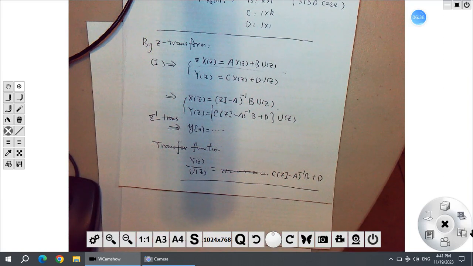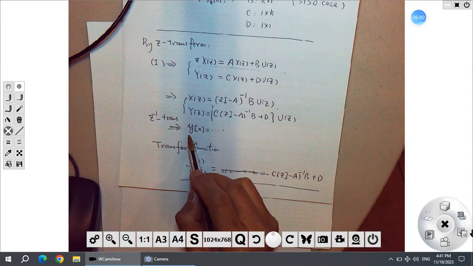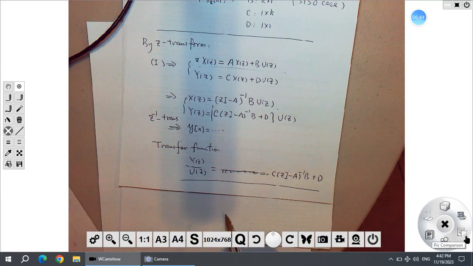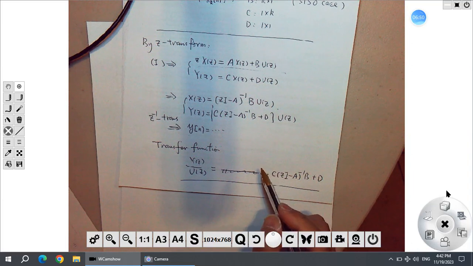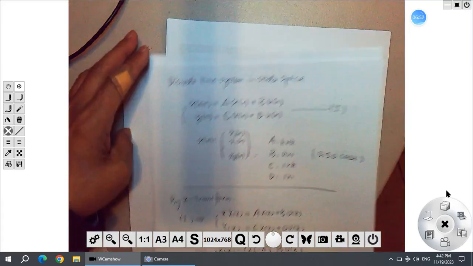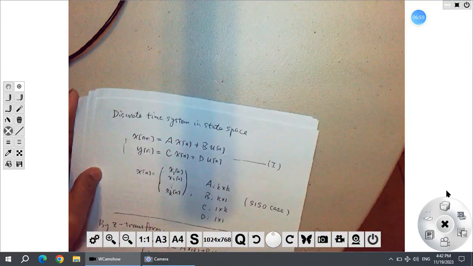So we can find y of n, and we can also find the transfer function. And for stability, as we discussed last time, we can find all the poles. If all the poles are located inside the unit circle, then the system is stable.